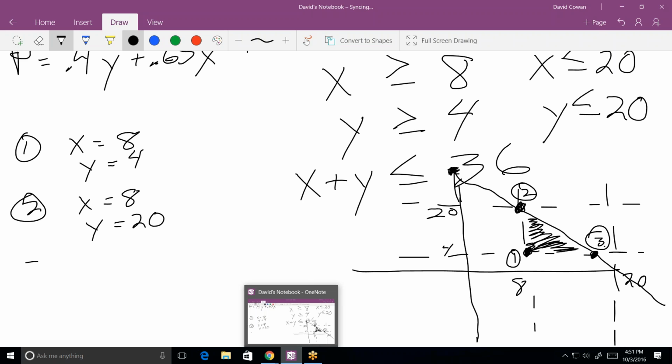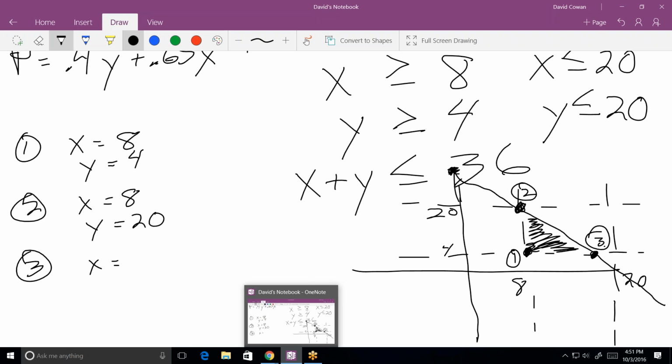And coordinate 3? Would it be that one? That's not 20, is it? Well, what is the y coordinate? 4.